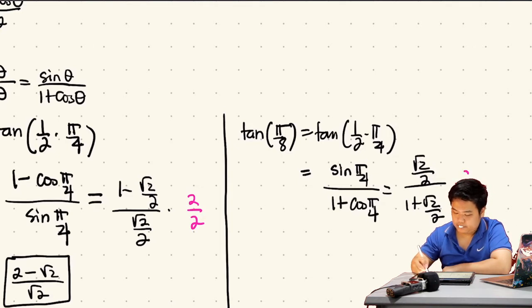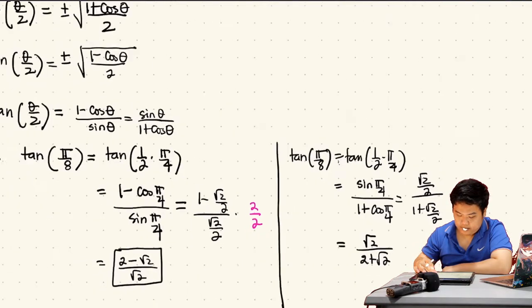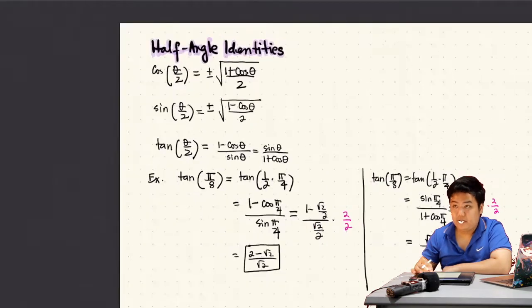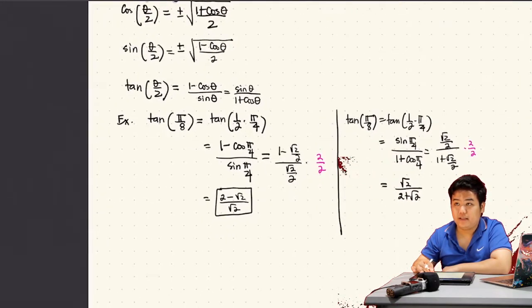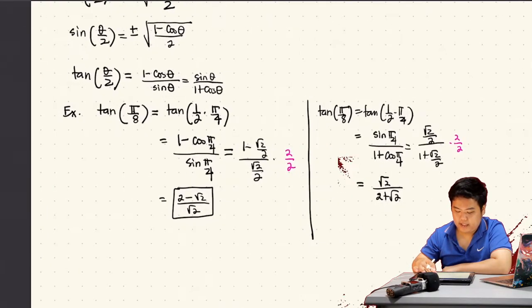Multiply natin by 2. Lalabas dyan square root of 2 over 2 plus square root of 2. Hindi sila magkamukha, no? Pero equal lang yung dalawang iyan. Okay, so pakita nga natin.